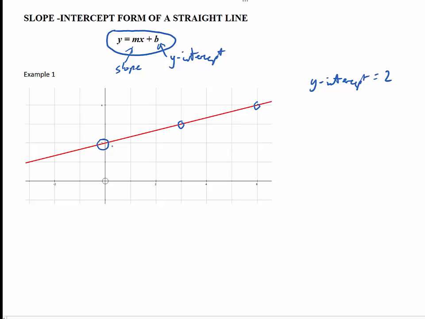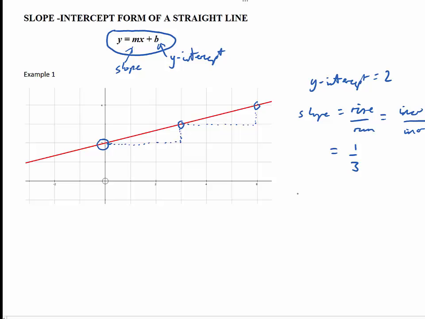It's very plain to see that to get between them I need to go 3 squares across for 1 square up. The slope is rise over run, which is the increase in y over the increase in x, and clearly the slope is 1 over 3, or 1/3.